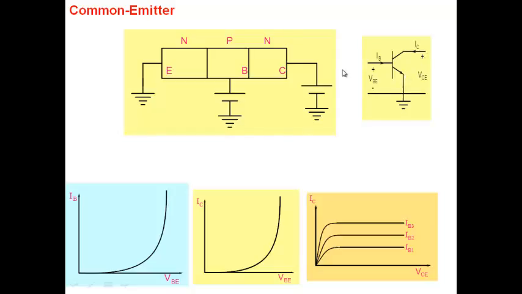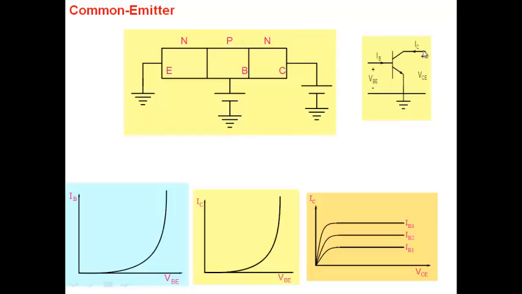So when you look at your transistor in this way, in the common emitter mode, the input side becomes the base emitter, the output side becomes the collector emitter. Now there are two sides, input side and output side. You would like to know, how does the transistor behave from the input side? Well, from the input side, what do I have between base and emitter? A diode. So input side, IB with base emitter voltage looks like a diode. All right, so that's fine.